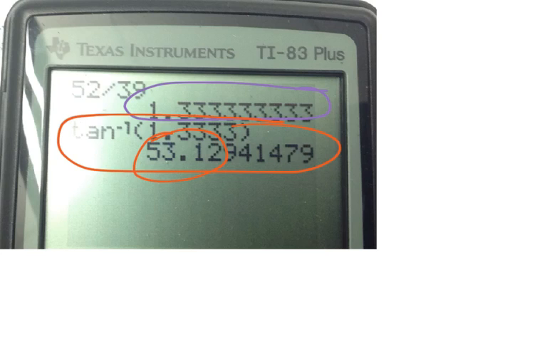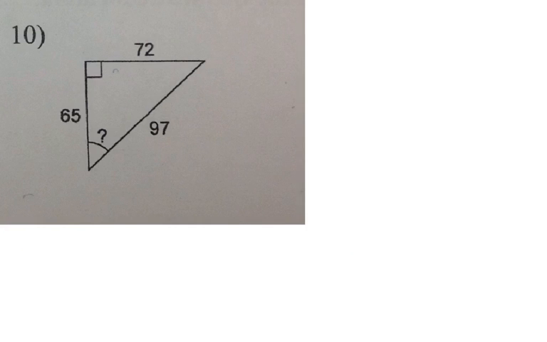Okay, what about this problem right here? Well, again, let's just call our little missing angle down here x. And notice the 72 is opposite of it. 97 is the longest side, that's the hypotenuse. 65 is adjacent. Okay, so again, we could use sine, cosine, or tangent, because we have all three numbers.